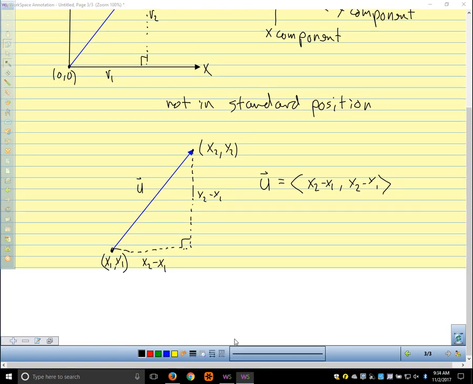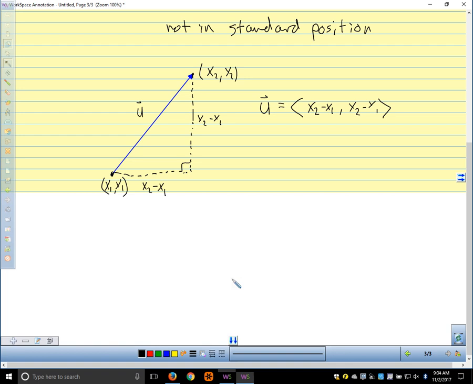Component form is very handy, because if our vector is in component form, if v is v1, v2 in component form, then the magnitude of v is the square root of v1 squared plus v2 squared.